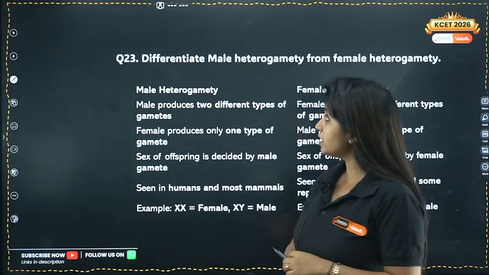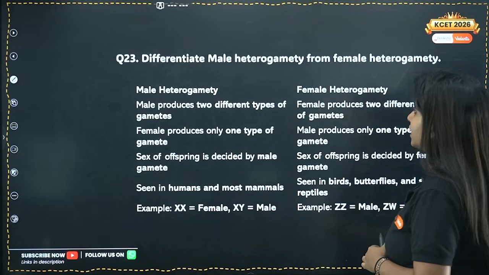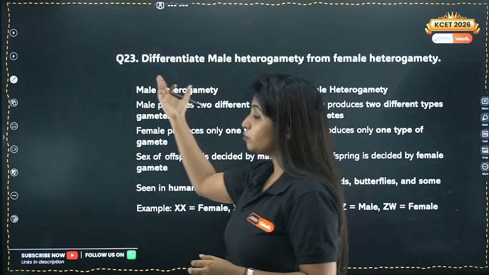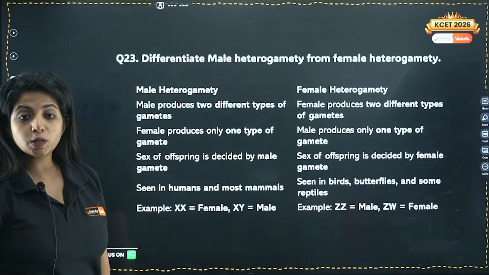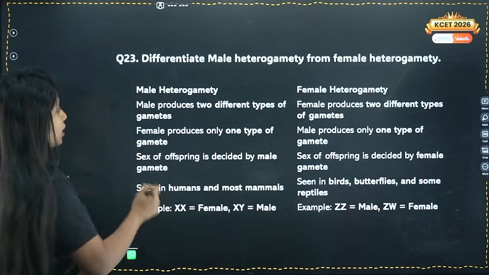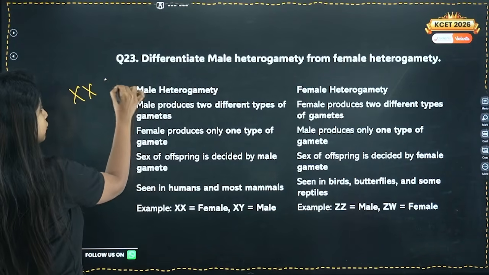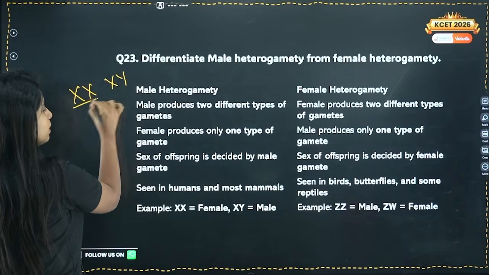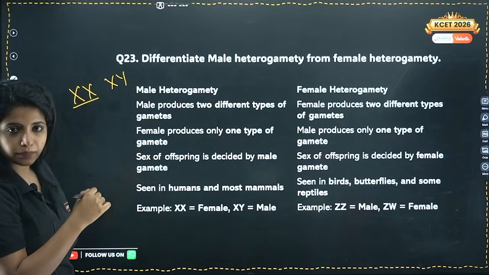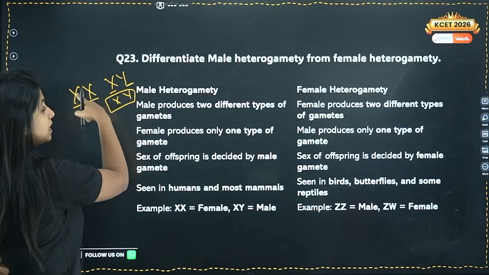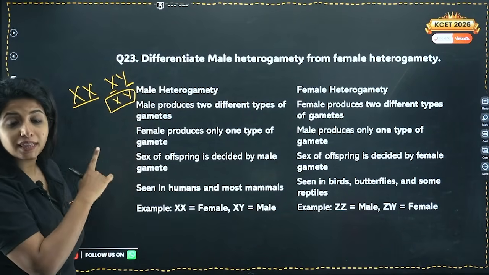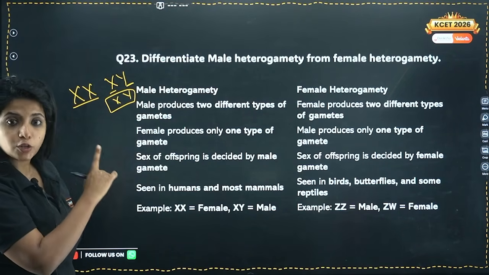Now, differentiate male heterogamety from female heterogamety. That is another question, question number 23 for the visually challenged children. Male heterogamety means the males produce two types of gametes. For example, in human beings, females produce XX, and males produce two different types of gametes, either X or Y. This is seen in human beings and also in Drosophila.